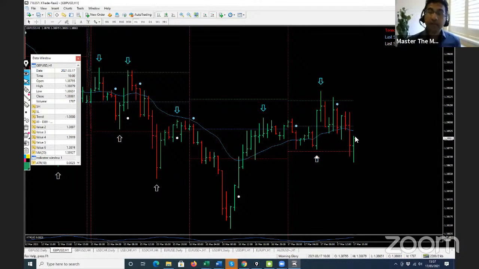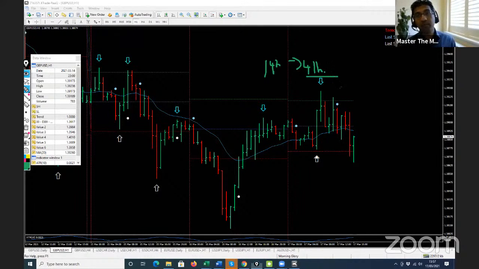Now, if I want to put the 20 moving average of a 4 hour onto a 1 hour time frame, how would I do that? Basically, all you have to ask yourself is, 1 4 hour bar is 4 1 hour bars, isn't it?